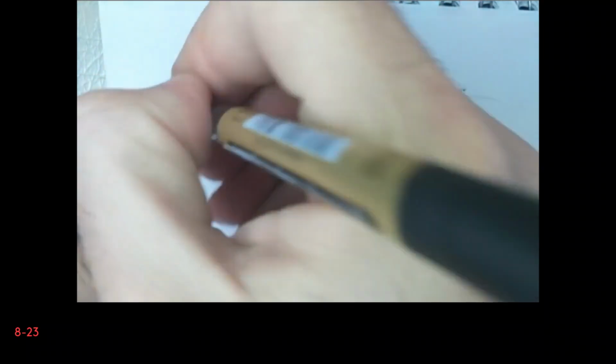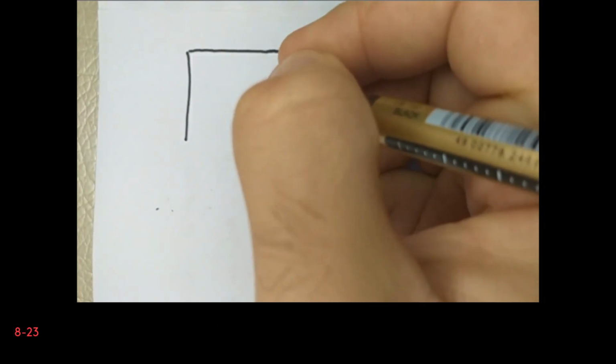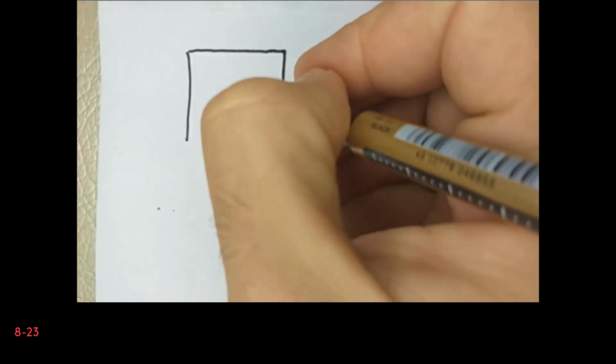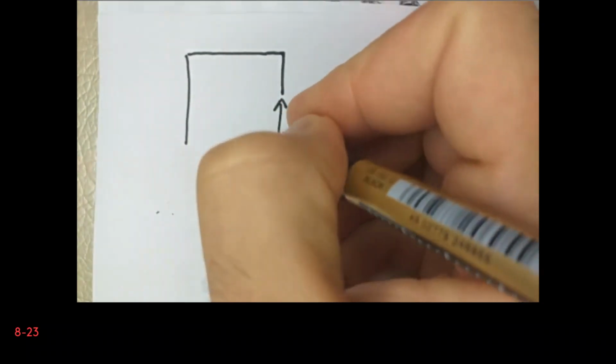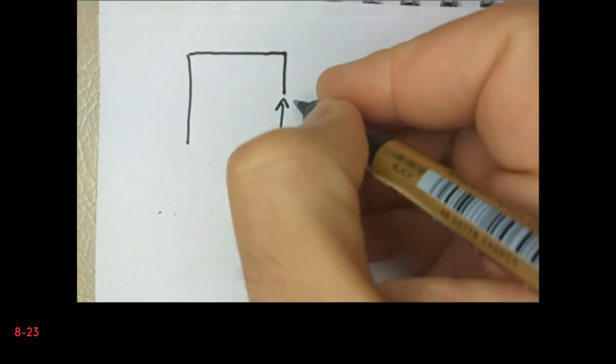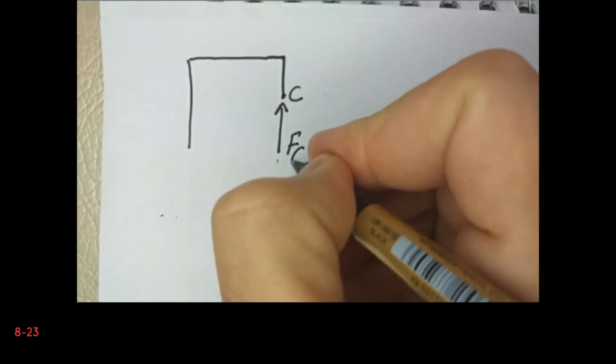So this is our member. We have a force. This is point C. Let's say that this force is Fc, coming from the piece that is fixed.